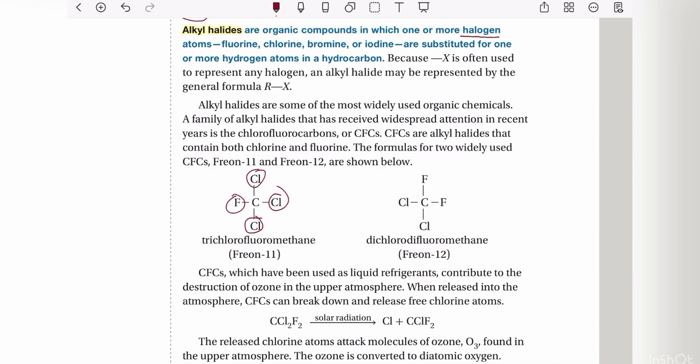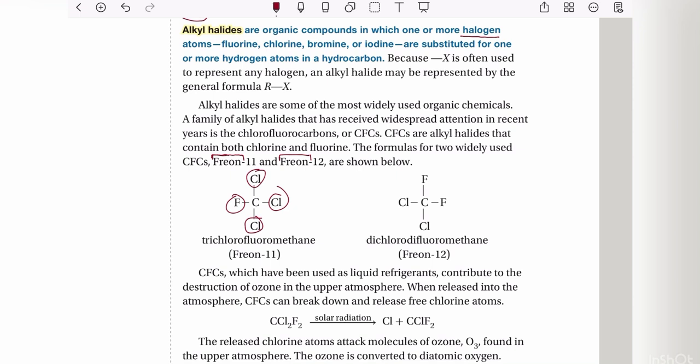It says CFCs, which have been used as liquid refrigerants. So we're talking about liquid refrigerants, and that is why these organic chemicals are widely used. And then if you're wondering where the name Freon came from, it's the name of the trademark that produces these chlorofluorocarbons.